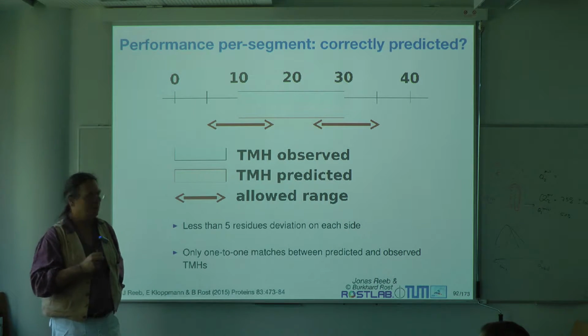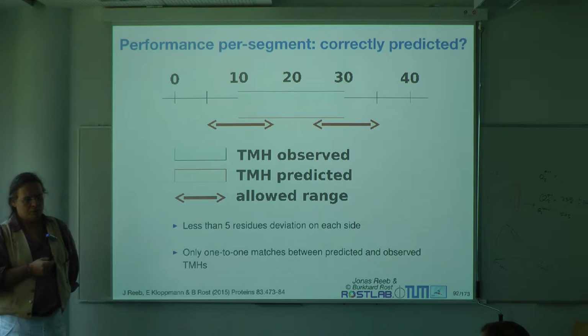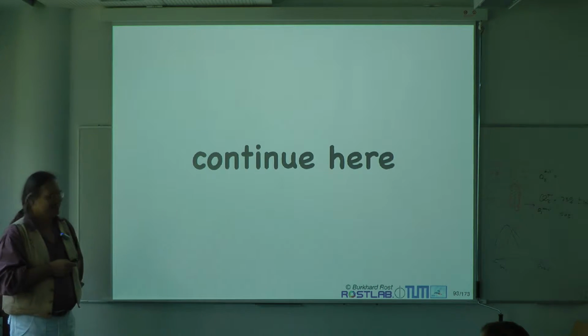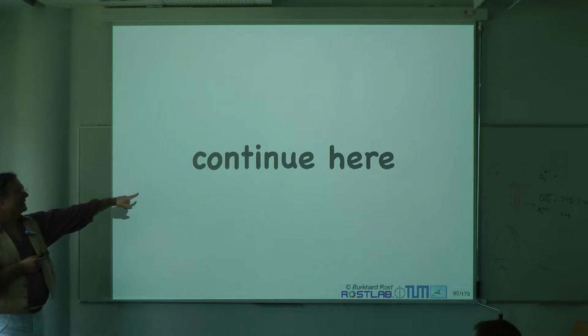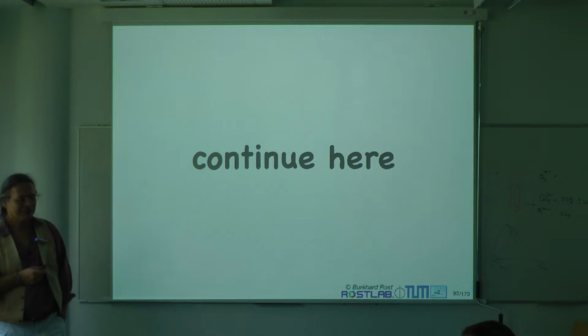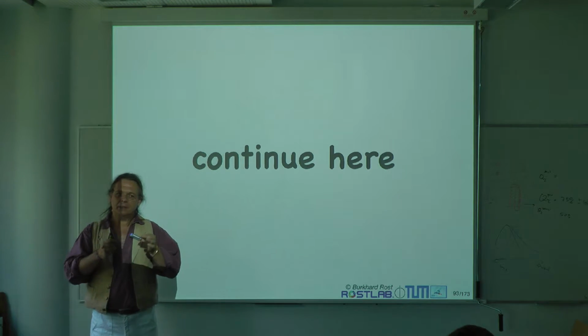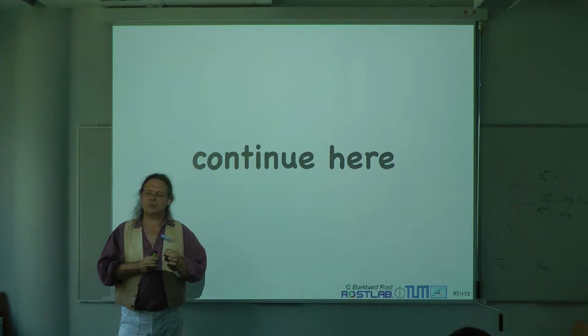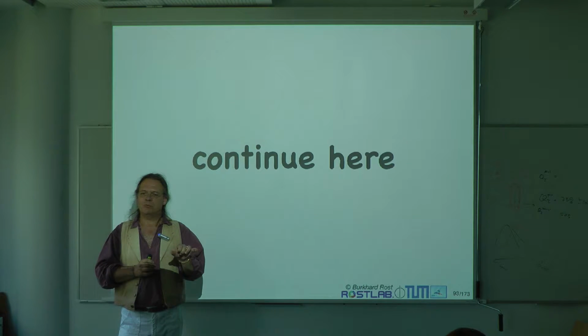Then I define a value called Q or K, right, I found it. That was the hint for myself. That value measures for which fraction of the proteins I predict all membrane helices right. Again, right is defined as being within 5 on the ends, and I get the number of helices right.